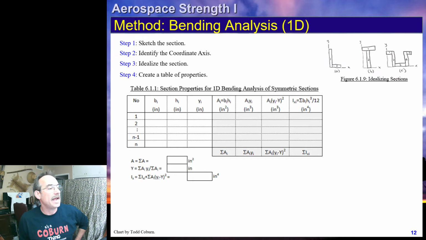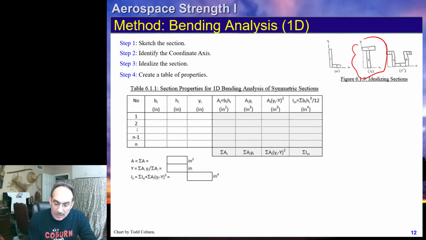What we're going to do next is put into the table, let's say that we're doing this section right here. And let's say this was 2 inches, this is 3 inches, and everything is 0.1. That means element 1 is 2 inches wide and it is 0.1 inches tall.